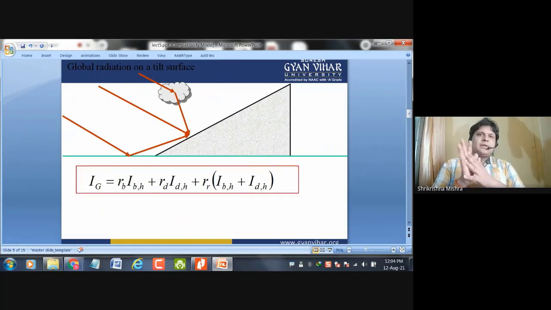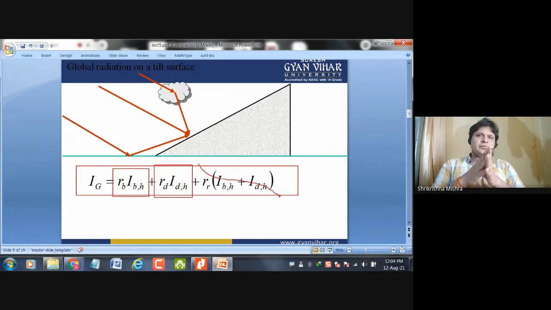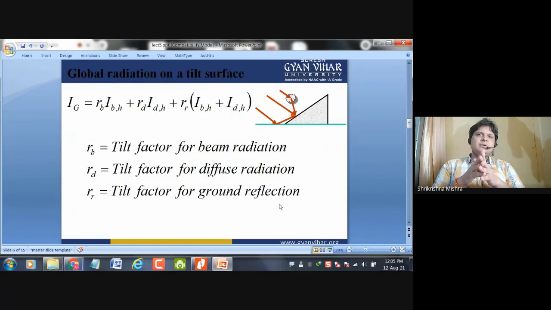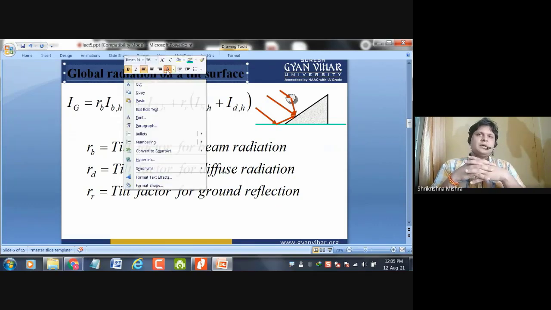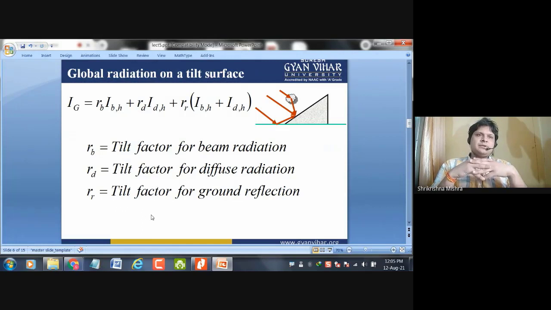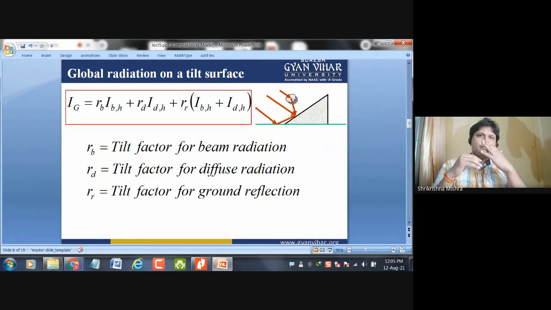So the formula is RB IB plus RD IDH plus RR IBH plus IDH. This is the formula for calculation of global radiation.